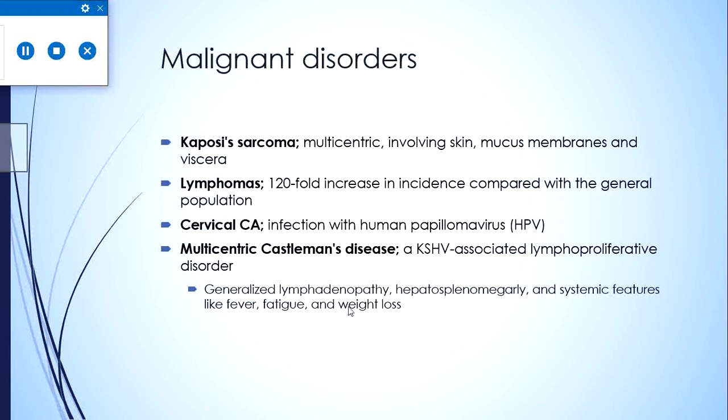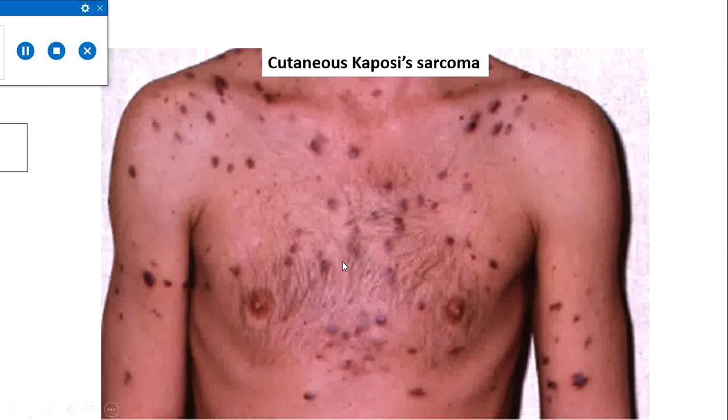This presents with generalized lymphadenopathy, hepatosplenomegaly, and systemic features like fever, fatigue, and weight loss. This is a picture of cutaneous Kaposi sarcoma, but it can involve other deep organs also and mucous membranes.